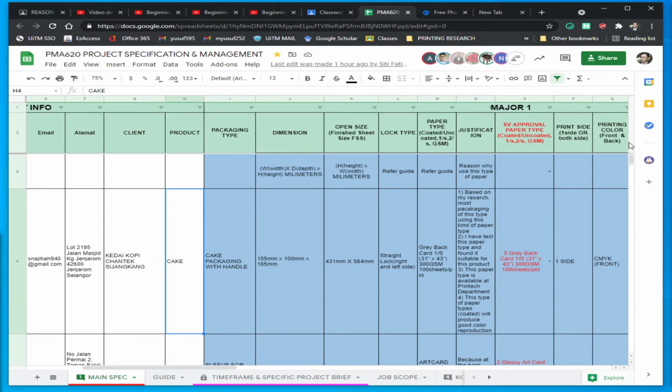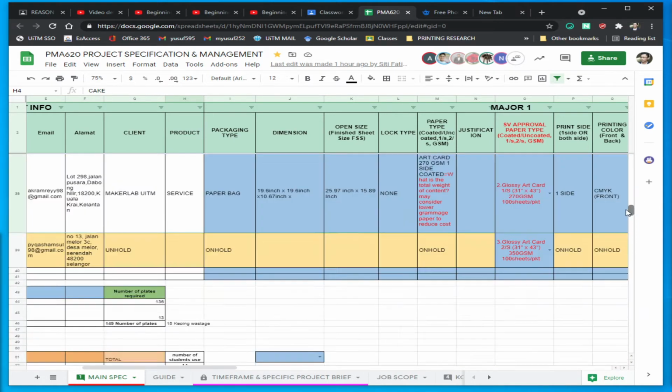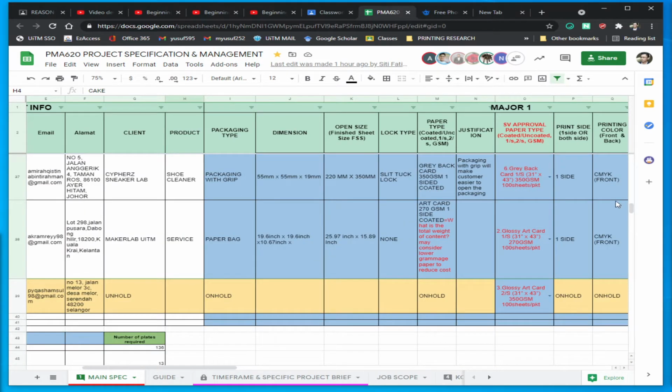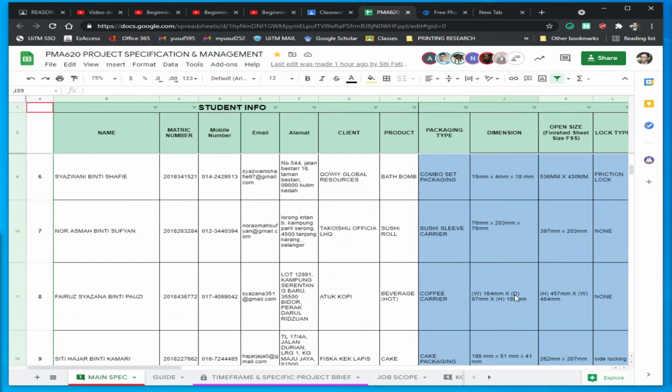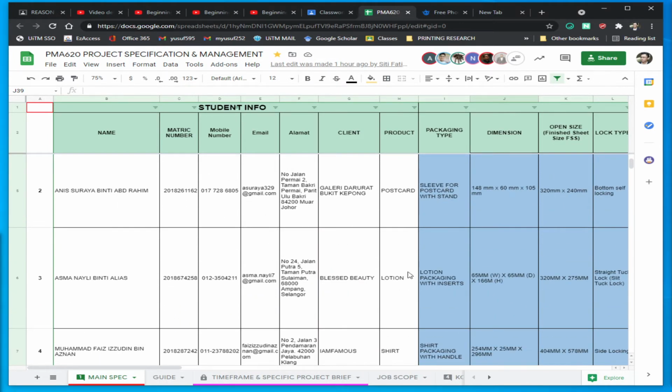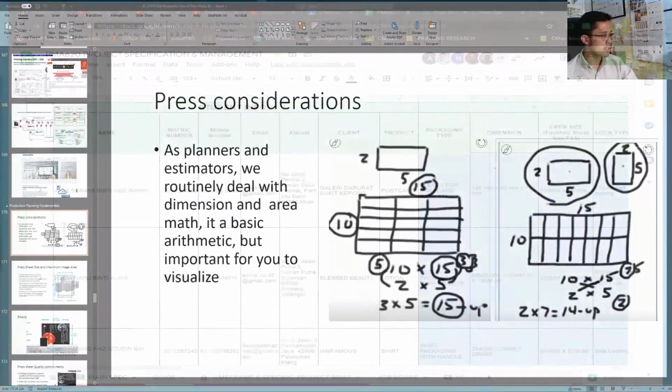Other than this, I also identify a few students who still need further improvement for their project. So please do this immediately. If not, then you will be left behind. So that will be on our project specification and project management.